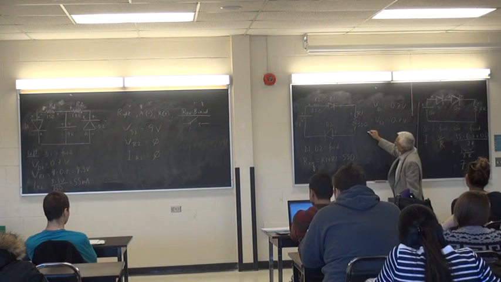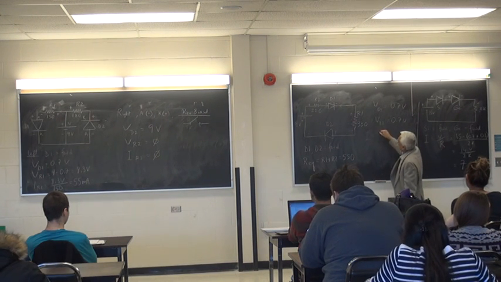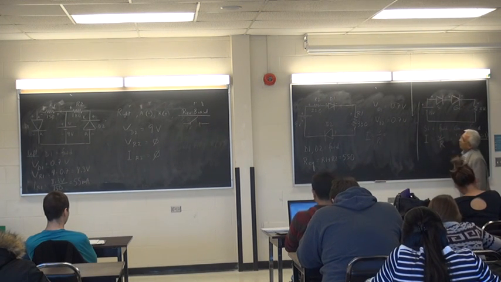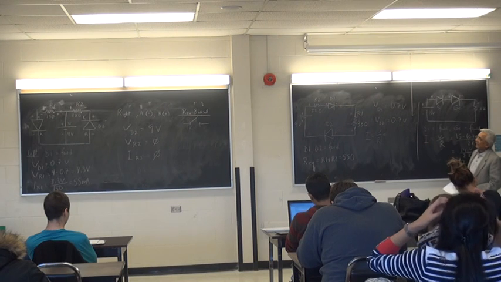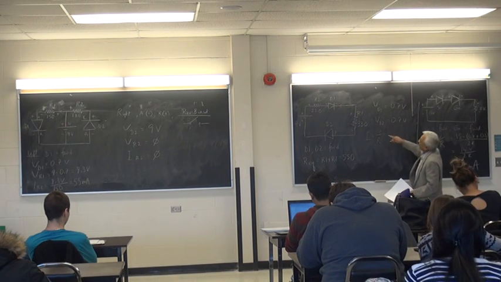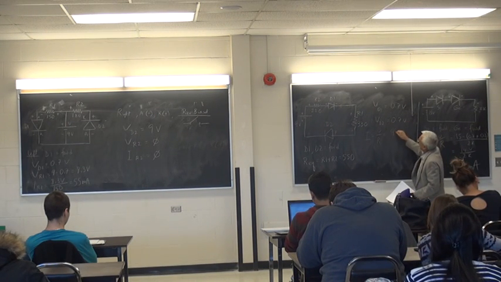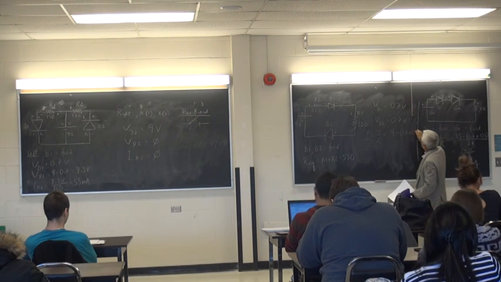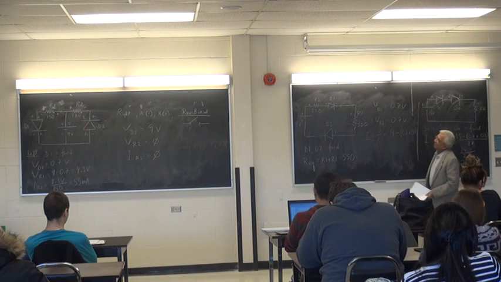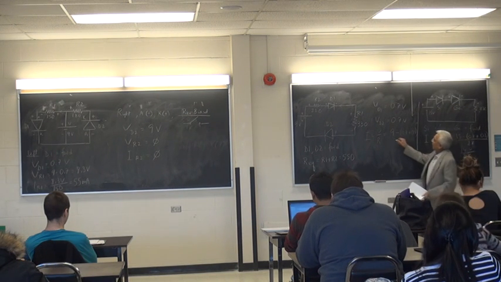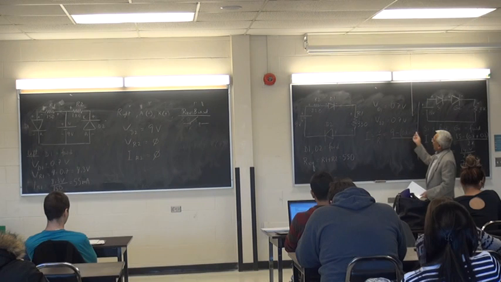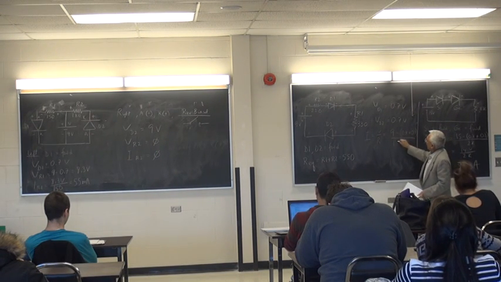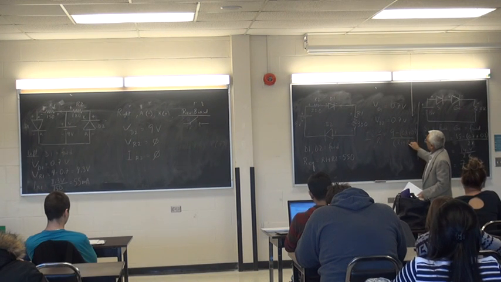Let's find I first. I equals V over R. So that would be the current in this series circuit. V would be 9 minus 0.7 plus 0.7. Okay? The total voltage would be 9 minus 0.7 plus 0.7 divided by R1 plus R2.